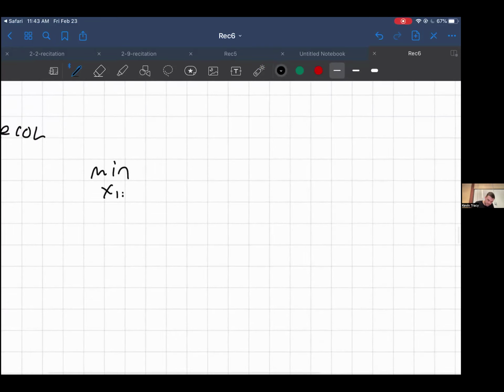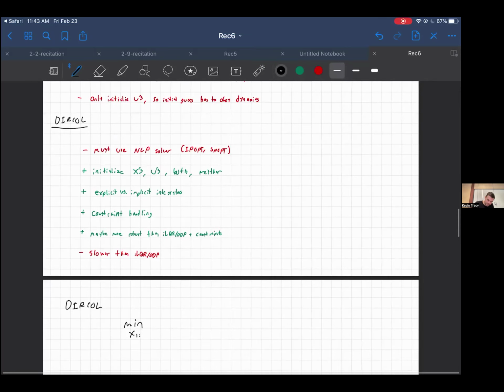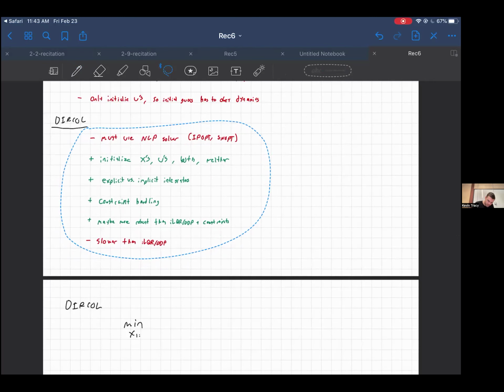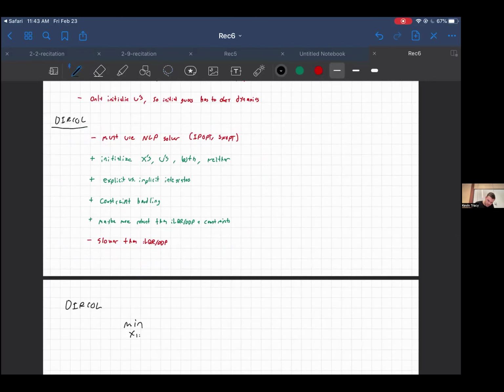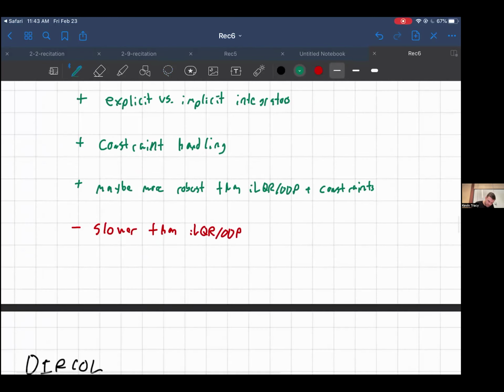Actually, I'll add one more plus. One more plus here is that I can use zero order hold, first order hold. I can use whatever I want to for the control.